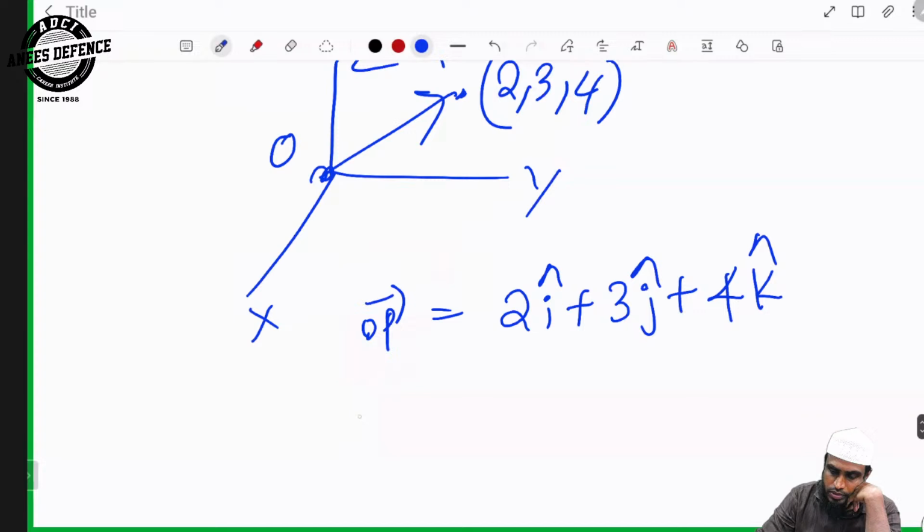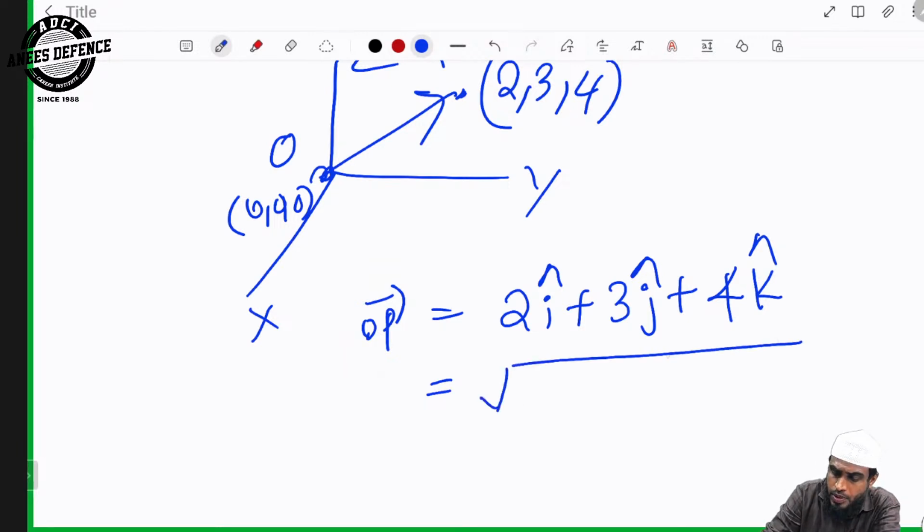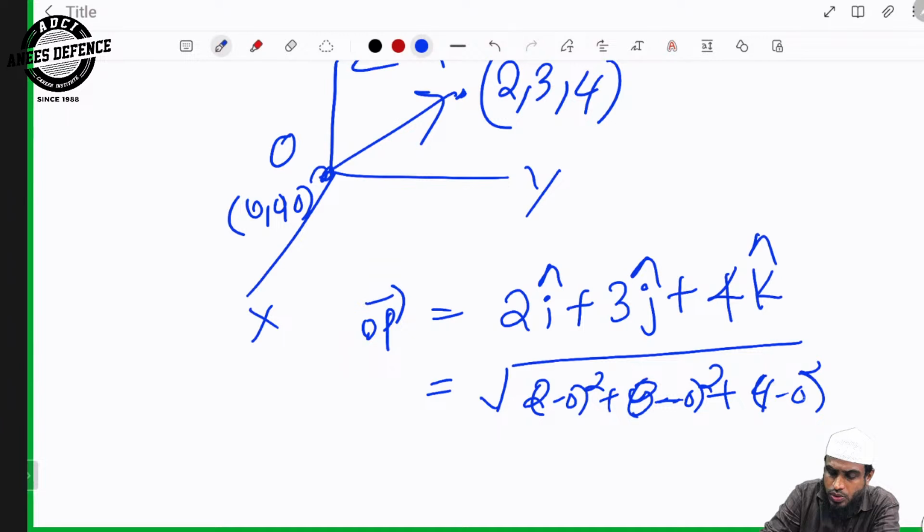What is the length? By the distance formula, with 0, 0, 0: (x2 minus x1) the whole square plus (y2 minus y1) the whole square plus (z2 minus z1) the whole square. Since x1, y1, z1 is 0, you can represent it like this: 2 minus 0 the whole square, 3 minus 0 the whole square, plus 4 minus 0 the whole square.